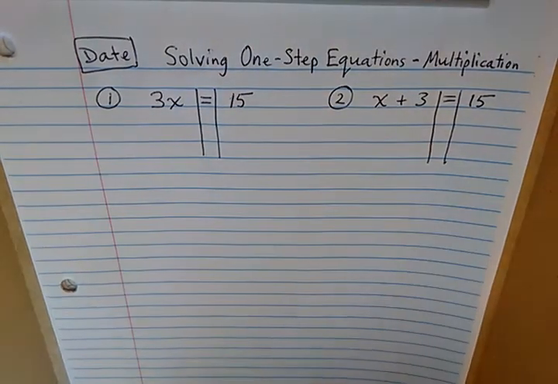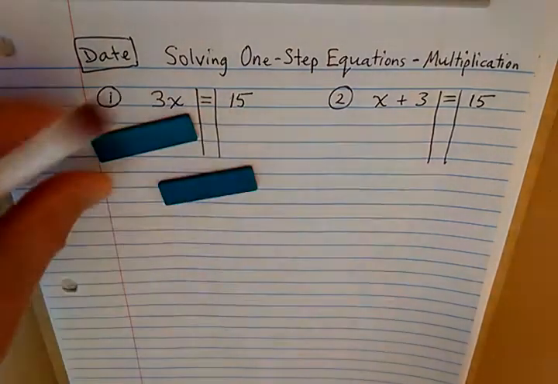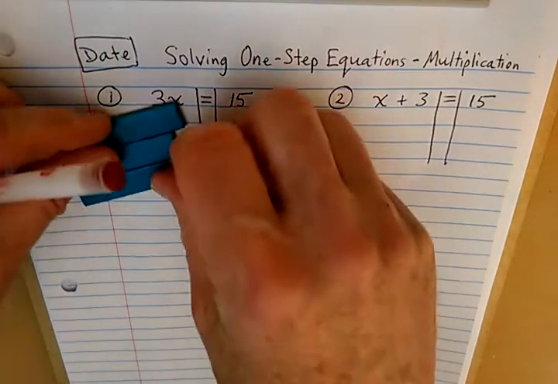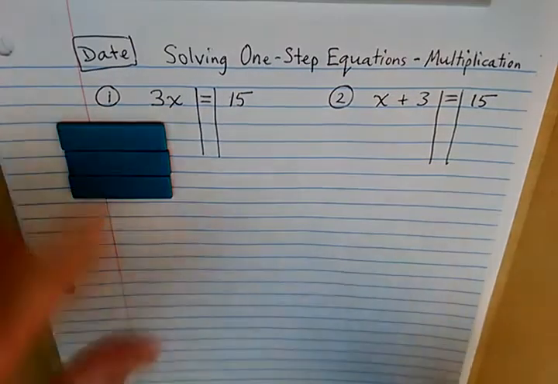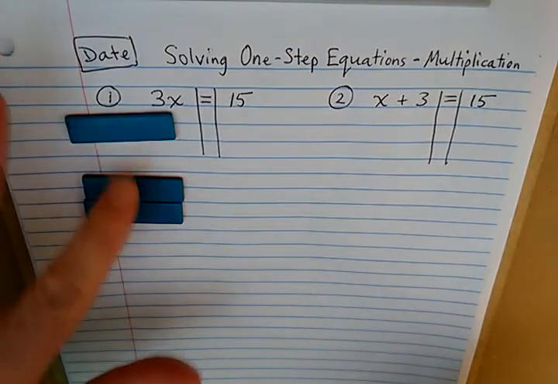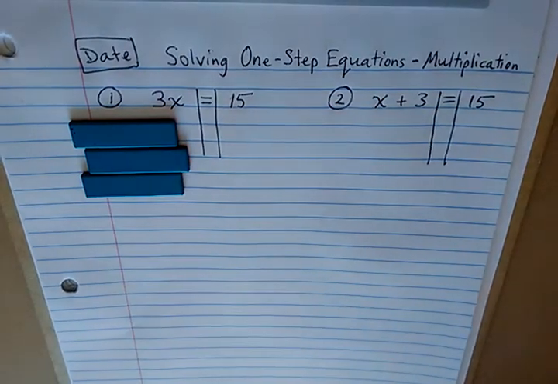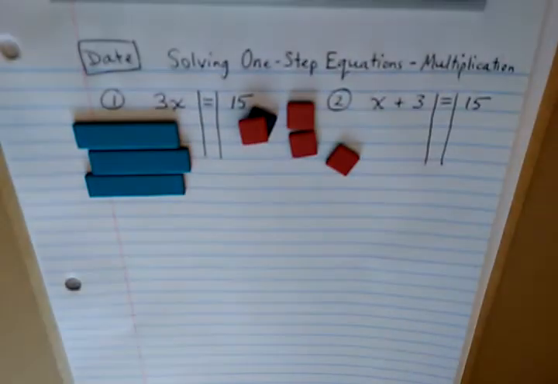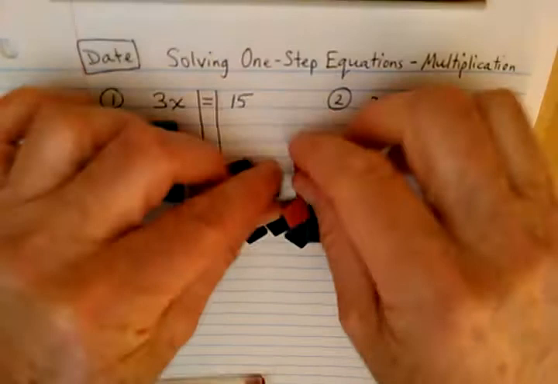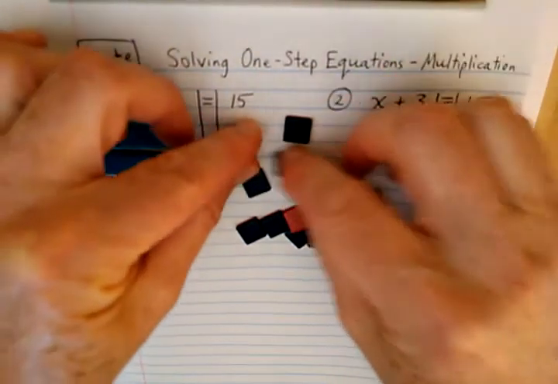I'm going to give you some algebra tiles here to see a picture of what we're talking about. 3x means I have x tiles, 1, 2, 3 of them, 3x, and 15 ones.